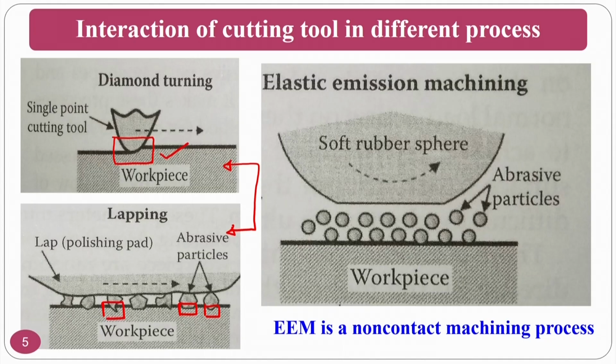Okay, for that purpose, elastic emission machining is one of the solutions, because you do not have direct physical contact. Okay. If you see here in elastic emission machining, my tool is here, at the same time the workpiece is here. In between there is a submicron to micron gap. If you see here, there is a gap.